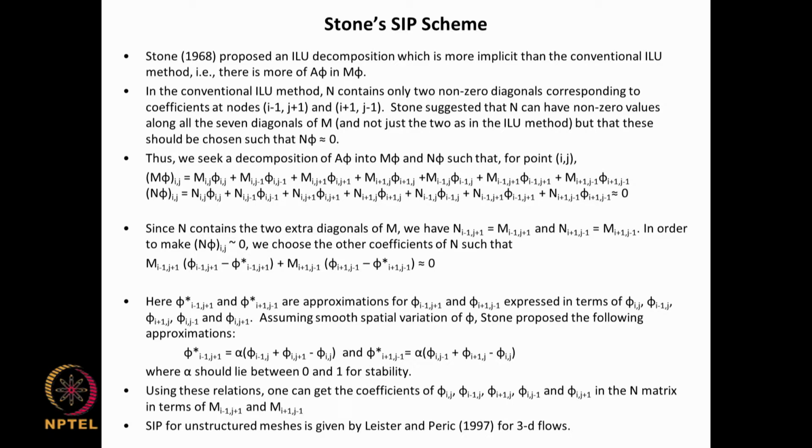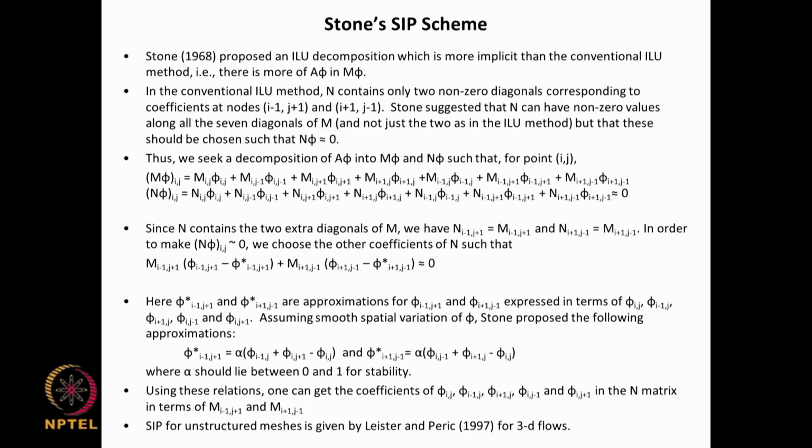The thought process is that we want to decompose A into M minus N, and M phi is treated implicitly and N phi is treated explicitly. Okay. Now we want to have this decomposition done effectively. So that is where the idea of incomplete LU decomposition comes into the picture.